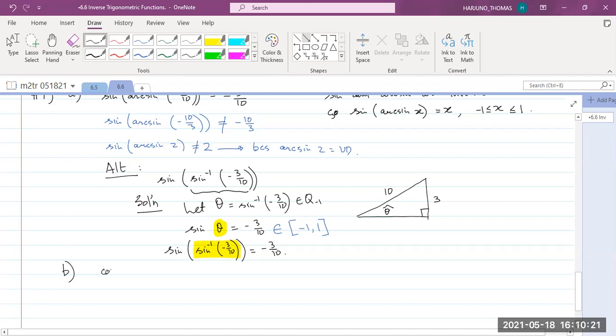What is cosine of arc cosine of 1/2? Now you can say, well, cosine and arc cosine cancel, and 1/2 is in the restricted domain, so this is equal to 1/2. You can say it that way.